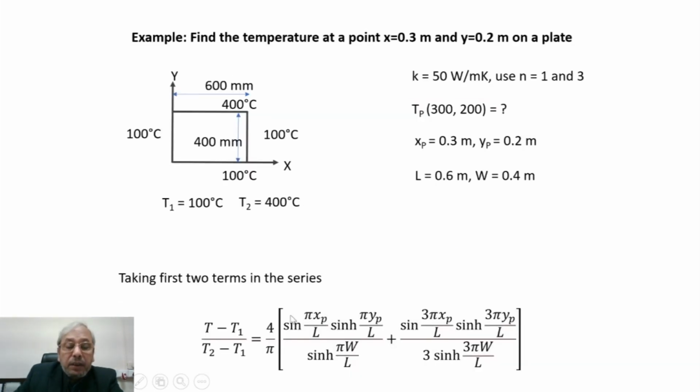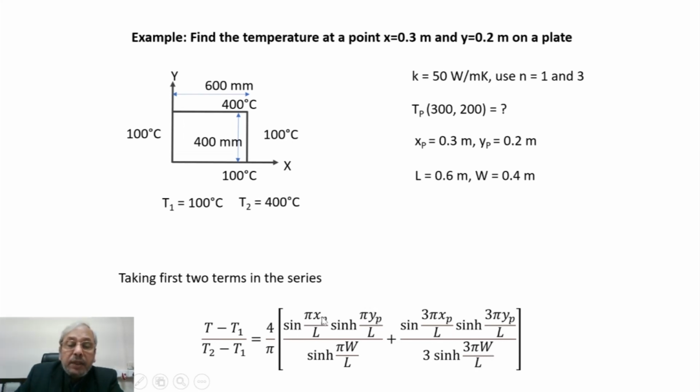For n equal to 1: sin(pi xp by L) sinh(pi yp by L) divided by sinh(pi w by L), plus sin(3 pi xp by L) sinh(3 pi yp by L) divided by 3 sinh(3 pi w by L).